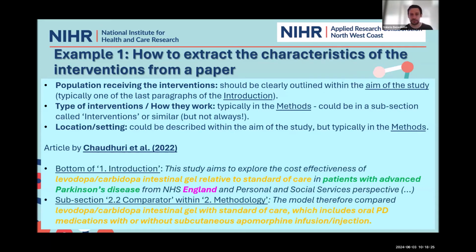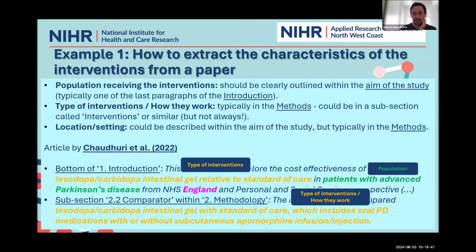Now, I'm just going to show you what kind of information we went to extract within the paper. If you look at the PDF, at the end of the introduction, there was this sentence about the aim of the study. In particular, we were able to identify the population, so patients with advanced Parkinson's disease. That's as easy as that. And also the type of intervention.